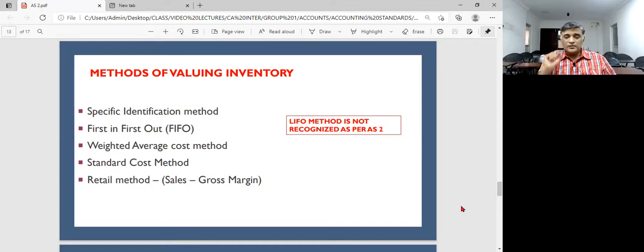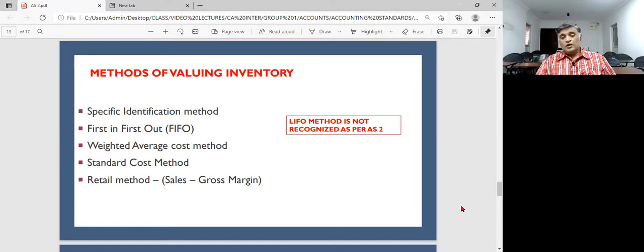But do we think it's possible? Every case is not possible. That's why we have other methods like FIFO, first in, first out, in which case you may issue the material in whatever pattern. You may issue the material from a 10 rupees lot, or a 10.5 rupees lot, or an 11 rupee lot. For example, today you purchase a 10 rupee lot, tomorrow 10.5, and day after tomorrow an 11 rupees lot. But the actual issue could have been from the 11 rupees lot. But you do the accounting based on FIFO.